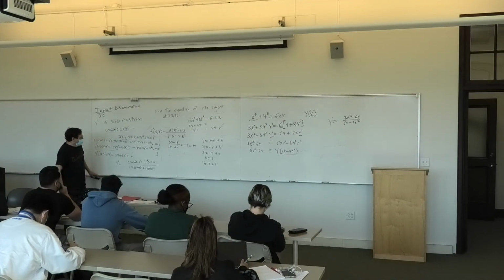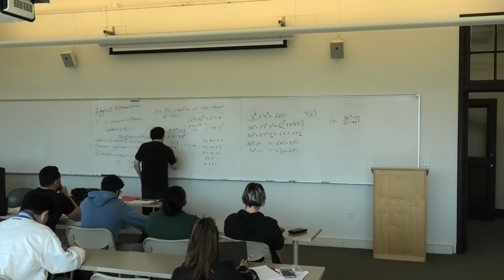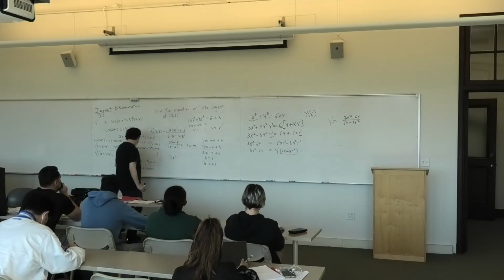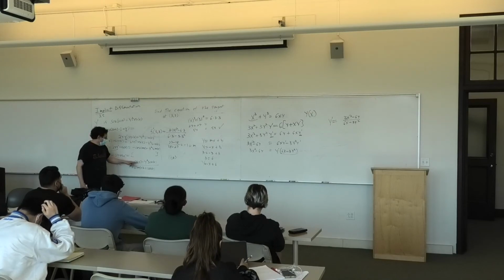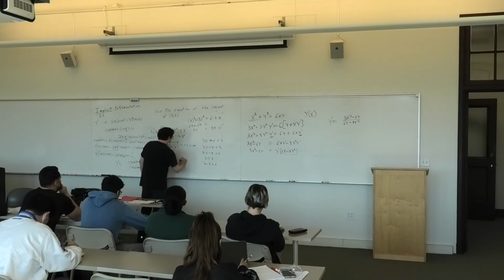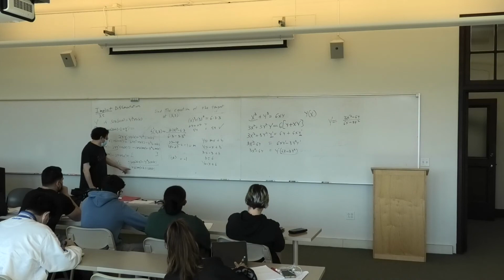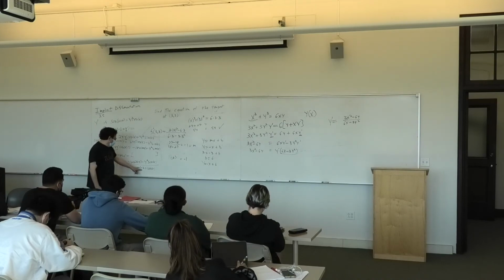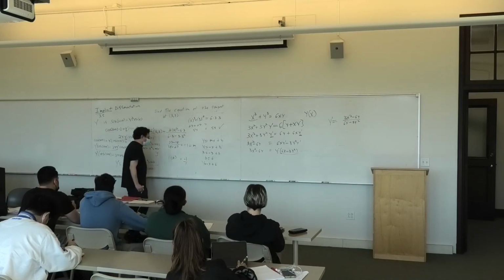So if we were asked to find the slope at, say, 0, 0, that would be pretty easy. Cosine of 0 is 1, so minus 1 minus 0 over 1 minus 0. It's negative 1.